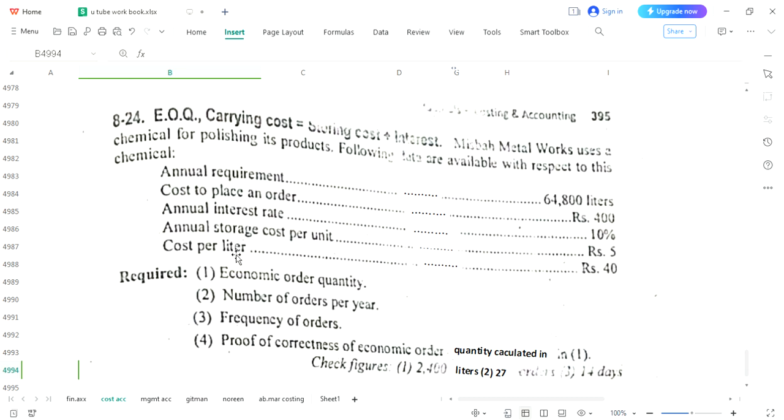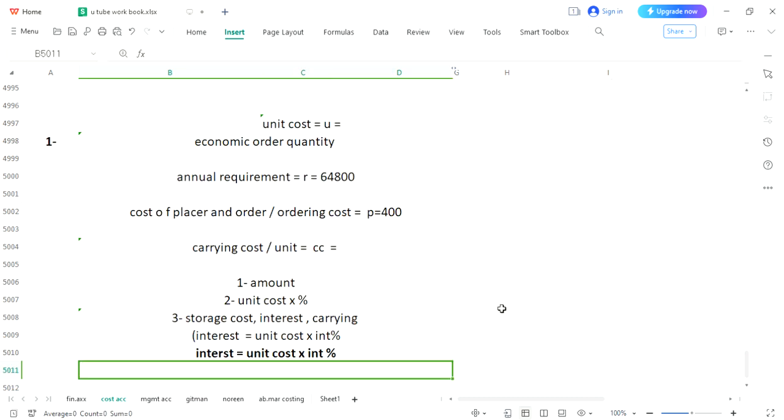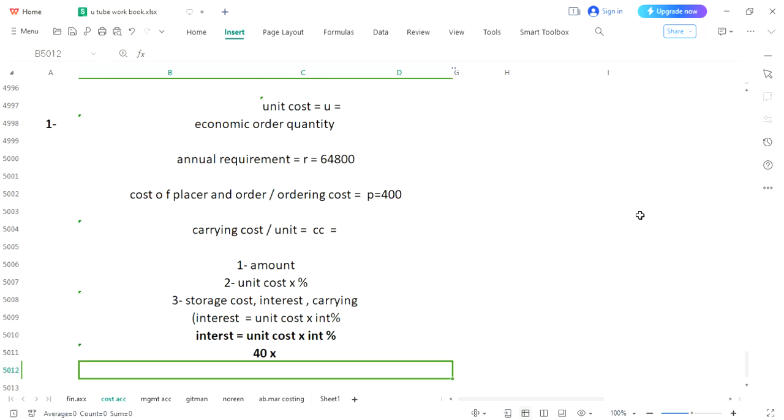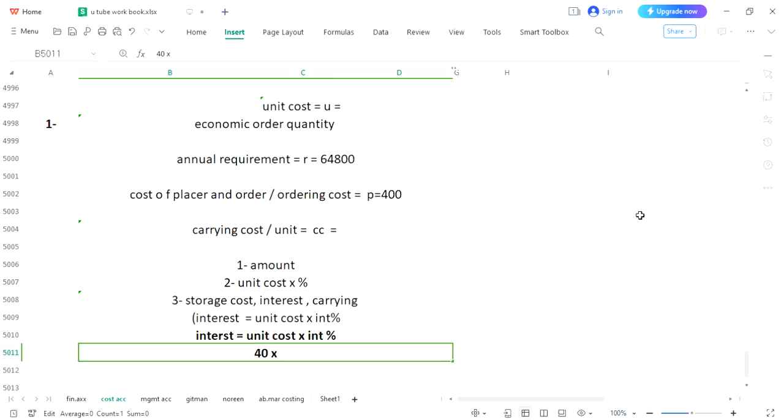Liter is the unit, per unit. So cost per unit is given as 40. So put 40 and multiply it with the interest rate given in your question, and that is interest rate 10%. So you will take 10% over here.